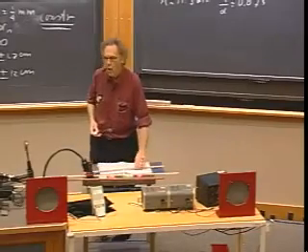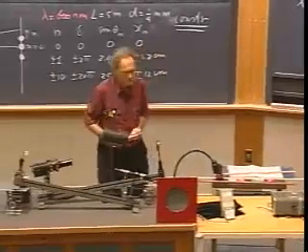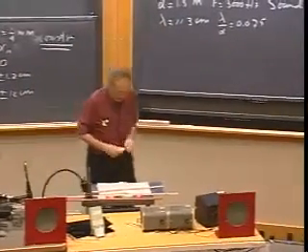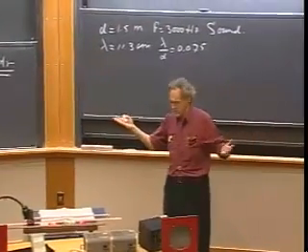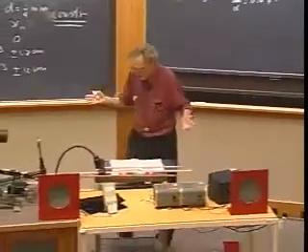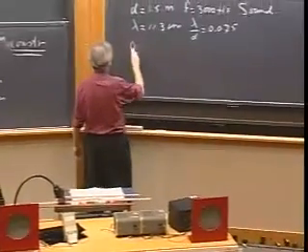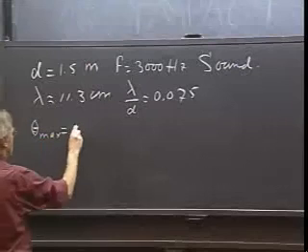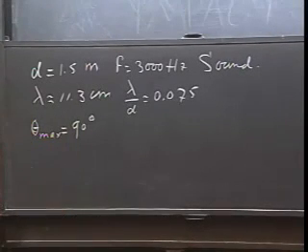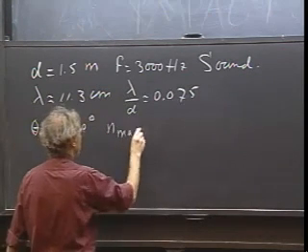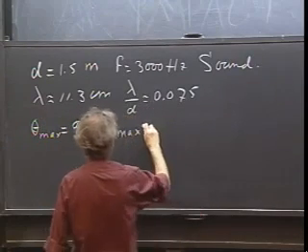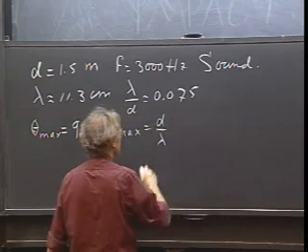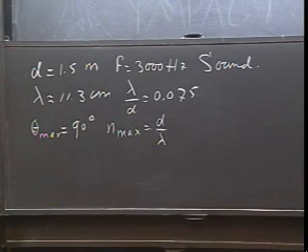Let's first calculate how many hyperboloidal surfaces there are. In order to do that, we simply have to stick in our equation, d sine theta equals n lambda. We just put in theta is the maximum value possible, and that is 90 degrees, pi over 2 radians. And so when you do that, you'll find that n max, that is the highest number of n in that series 0, 1, 2, 3, 4, 5, is d divided by lambda, which in our case is about 13.